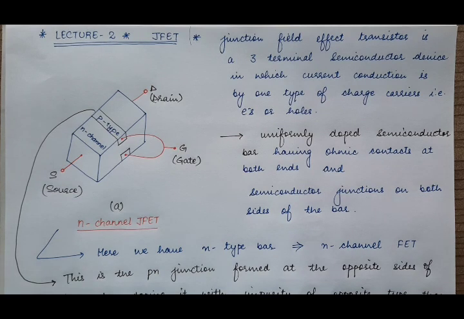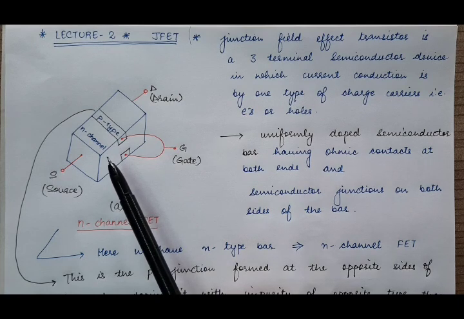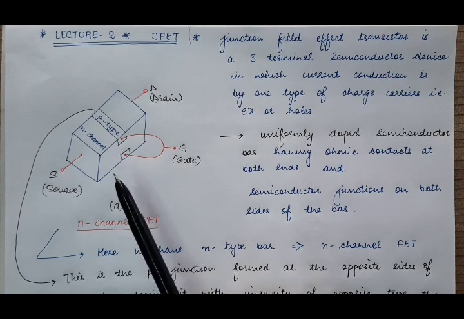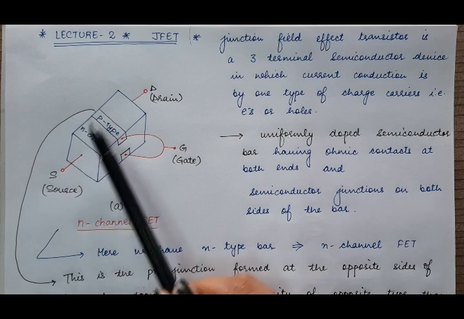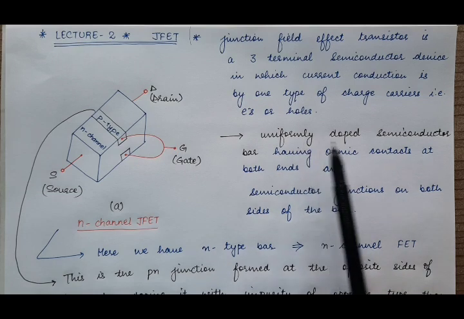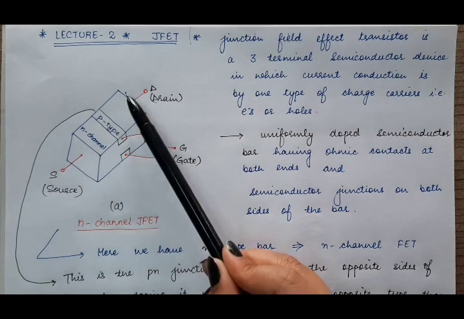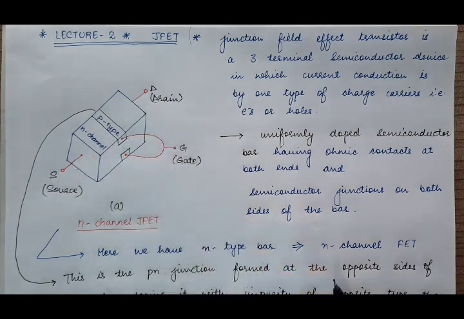This is an N-type semiconductor bar, which means N-type dopant is doped inside this intrinsic semiconductor bar, and the amount of doping is the same over the whole area of the bar. It means it is a uniformly doped semiconductor bar having ohmic contacts at both ends.